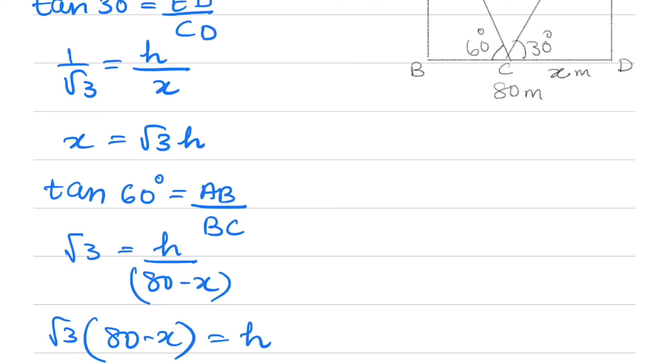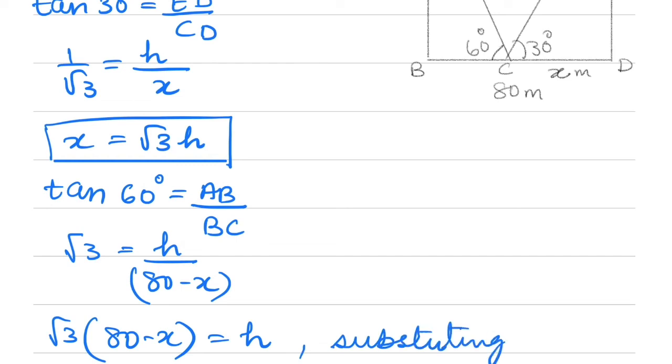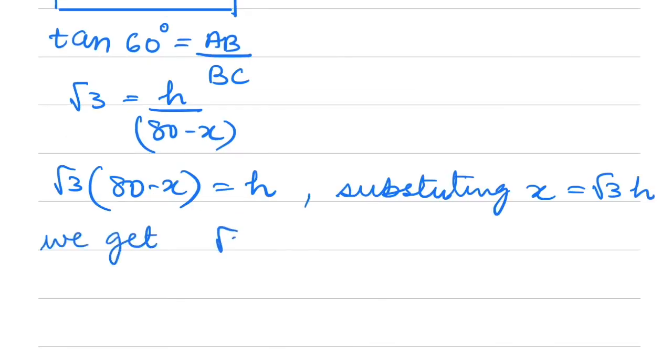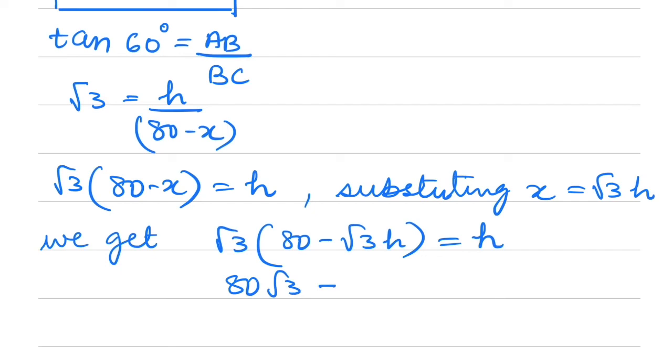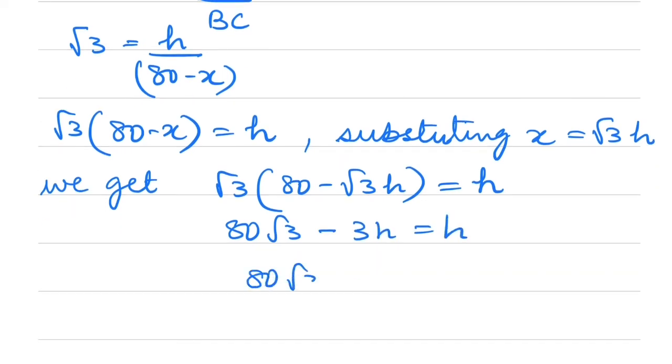Here we can substitute X from here. Now substituting X is equal to root 3 H, we get root 3 times (80 minus root 3 H) is equal to H. Now 80 root 3 minus 3H is equal to H. 80 root 3 is equal to 4H.